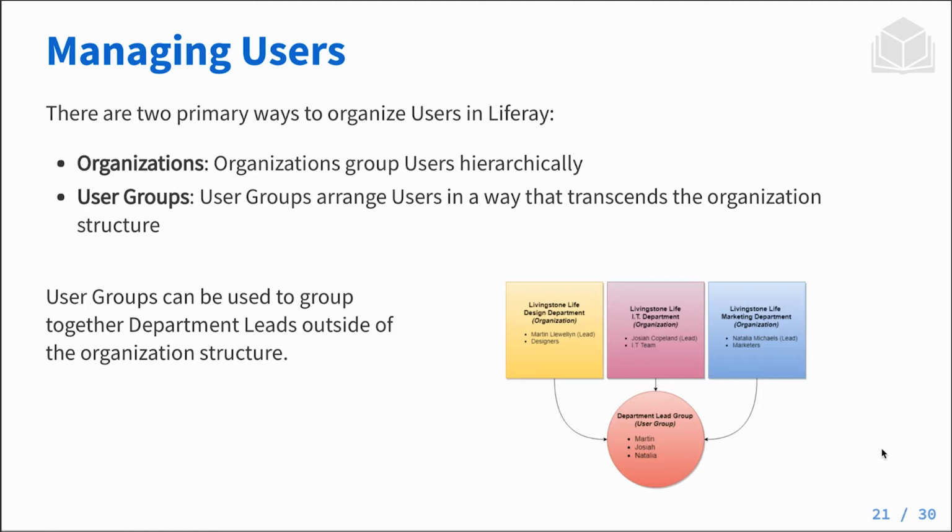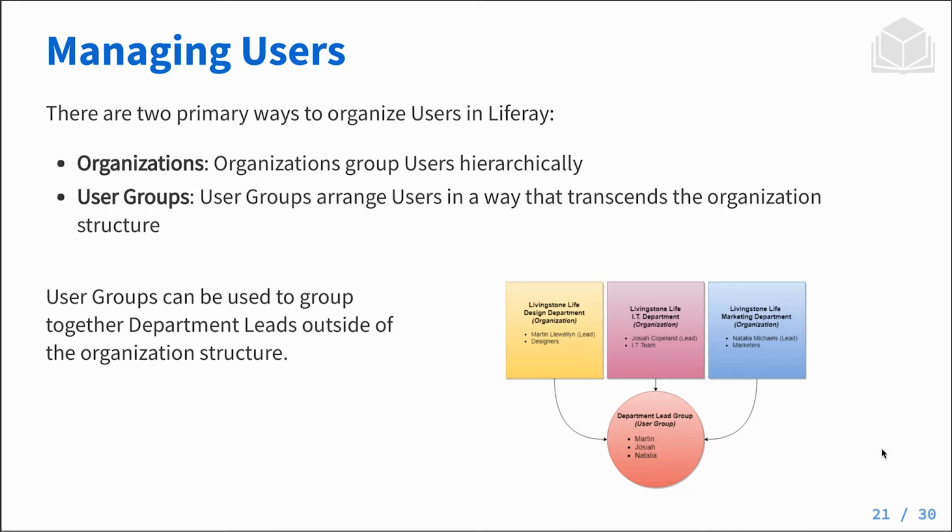Livingston Hotels and Resorts, for example, might be the top level organization, and then the actual individual hotels and resorts that we have across the world. By doing this, you can organize your users logically based on the actual structure. Each hotel or resort in this case would have their own management, their own staff, and those users would be organized logically within that hierarchy.